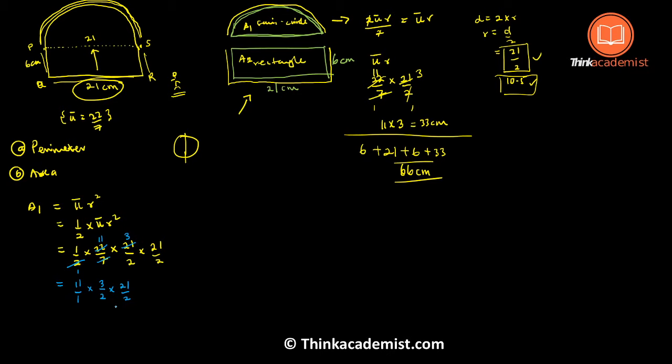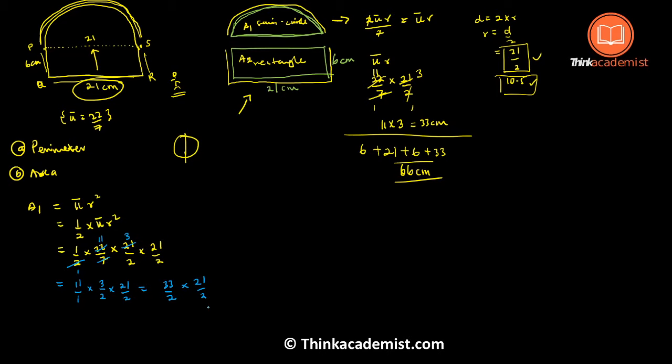So having that, if I do my calculations, this is going to be 33 over 2 times 21/2. Please, this is not addition for you to go and do LCM over 2. This is basically multiplication, so numerator multiplies numerator, denominator multiplies denominator.